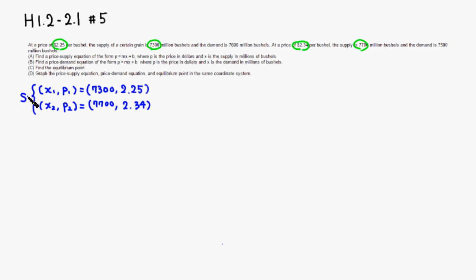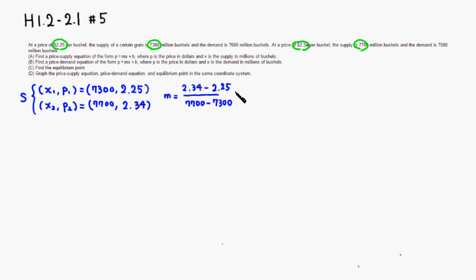Alright, so using that, we can find the slope. So m is going to be equal to P2, which is 2.34, minus P1, 2.25, divided by x2, which is 7,700 minus 7,300.